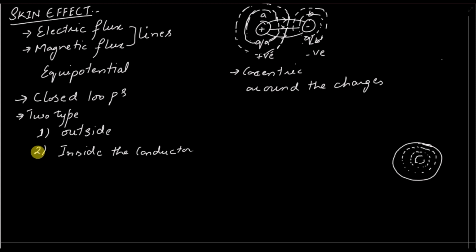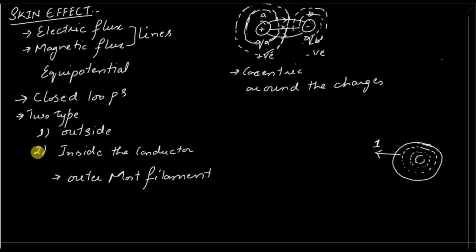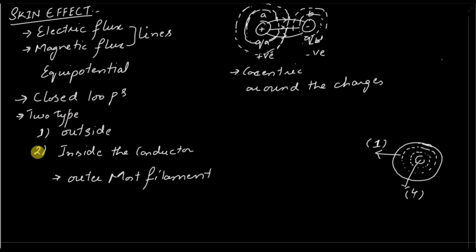Suppose this is the outermost filament, filament number 1, and this is the innermost filament, number 4.